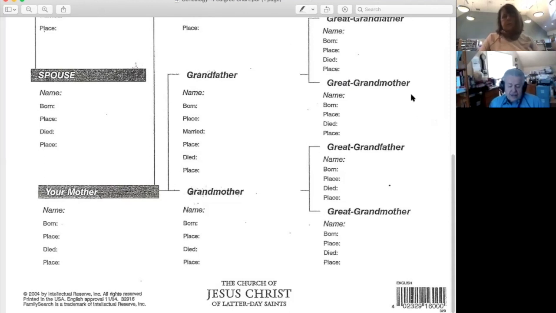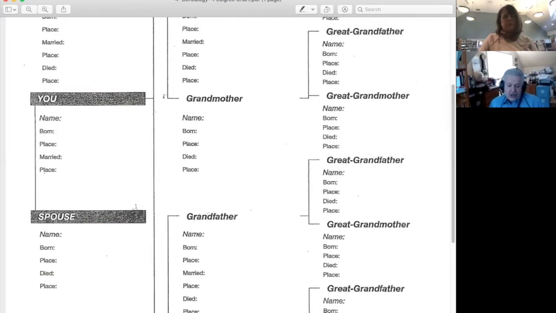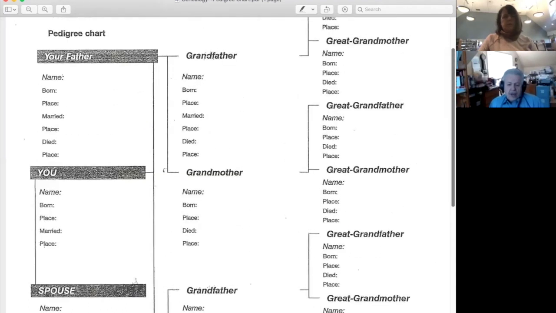Now let's go back to the middle and see what we do as a next generation. So let's go back to father, and he was number 2. And now we want to know about your father's parents. And so your father has a father and a mother, obviously. So that's your grandfather and your grandmother.